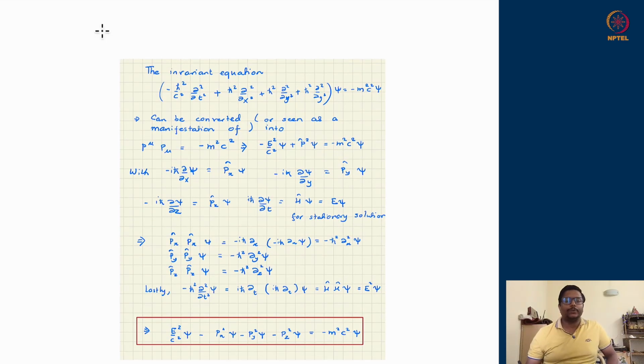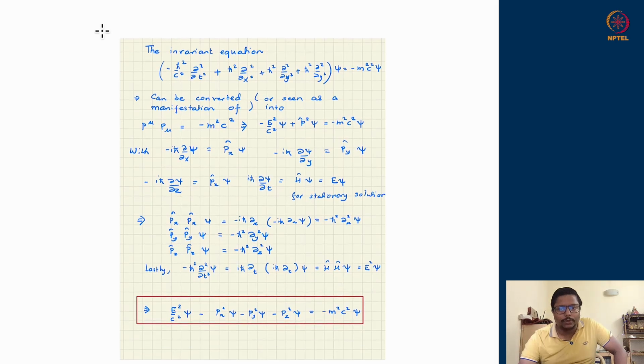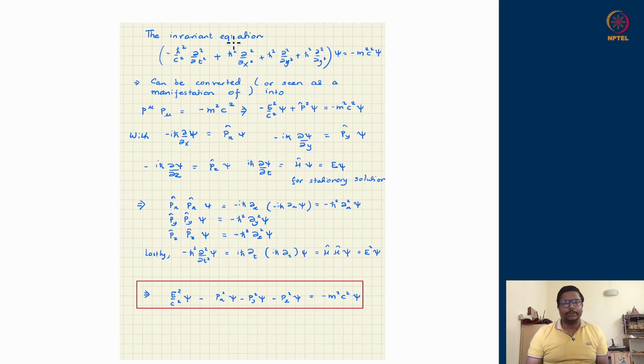Okay. So now, once we have a solution of all the components of the invariant wave equation, we can try to see what kind of structure emerges out of it. So we had this equation at hand where the double derivative with time, double derivative with x, double derivative with y, and double derivative with z are hitting the wave function and ultimately giving minus m square c square psi.